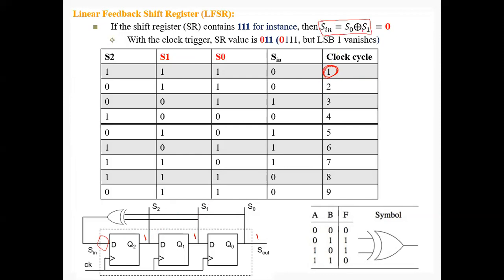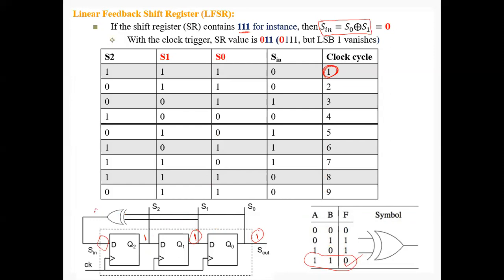Okay. So S0, S1, this is the kind of truth table we have, right? What do you get here? When you have 1, 1, 1, this is your 1 and this one XOR together, so we are looking at this guy here. When 1 and 1 are XORed, you get 0, right?